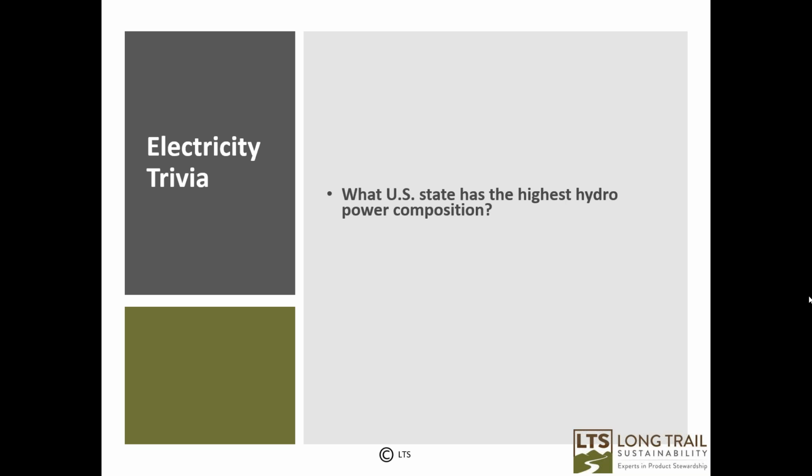So there's one vote here for Washington, another for Vermont. It's a good guess with Vermont. Vermont has quite a high composition for hydro. In this case, Washington is correct, with 69.3% of the state's electricity coming from hydropower.